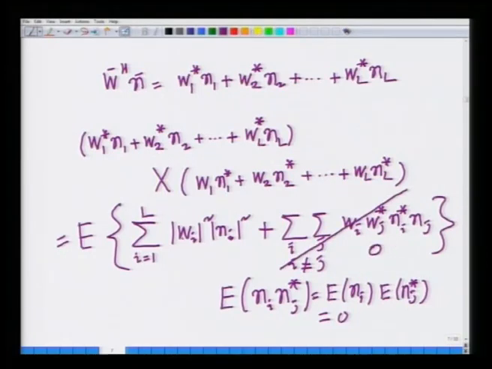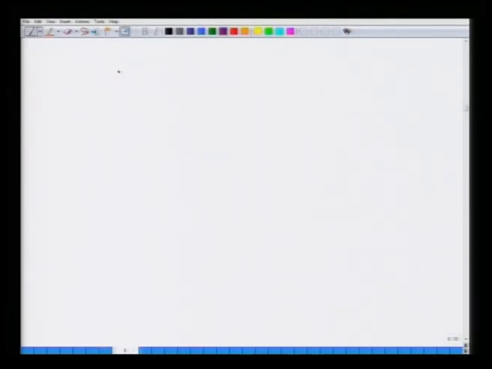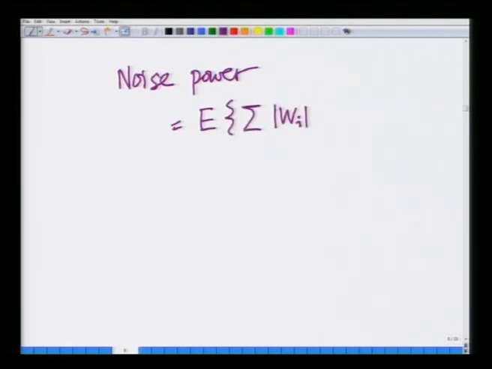The only term that survives is expected magnitude Wi square, magnitude Ni square. So, let me write this down. The net noise power is expected summation magnitude Wi square, magnitude Ni square.